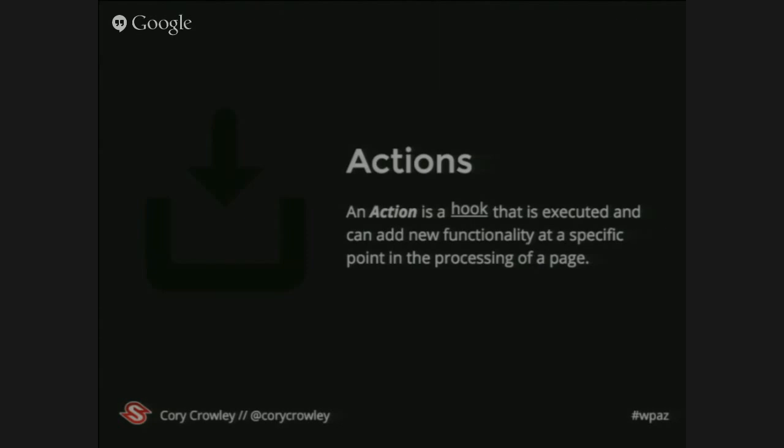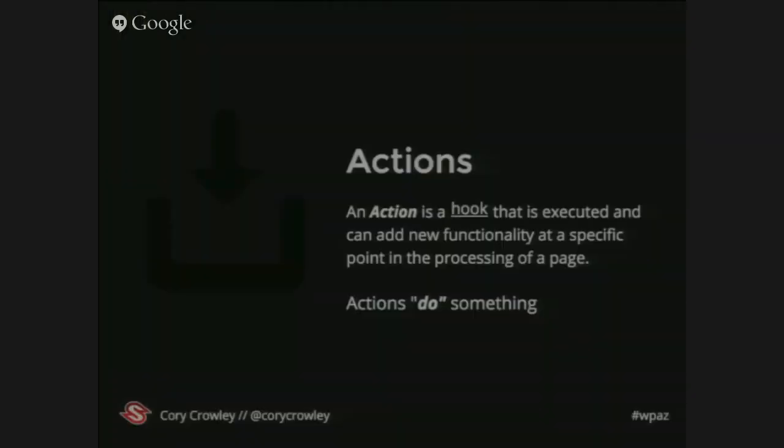What differs from a filter hook is that actions can accept anything, but they don't modify anything. They do something. So in the processing of a page from top down, let's say that your header outputs, for example. Well, immediately after the header outputs, you can add an action to output a slider.